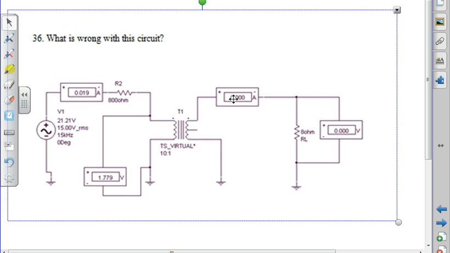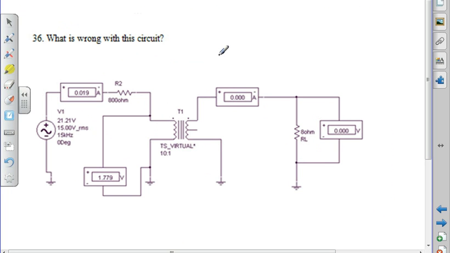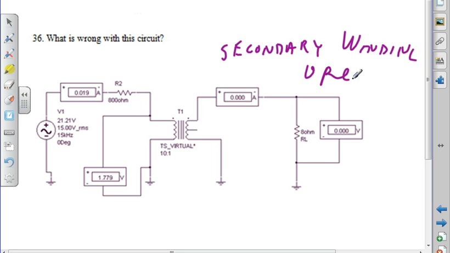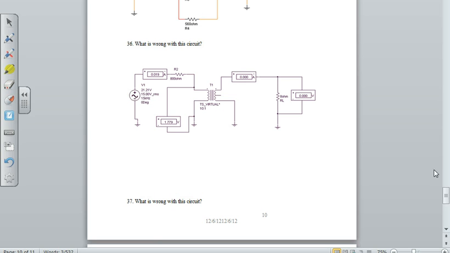There's no current, there's no voltage, so my only choice is a secondary winding is open. That's my only choice, because I have current and I have voltage across this guy, so this guy has to be working right on the primary side. The secondary guy has to be wrong.